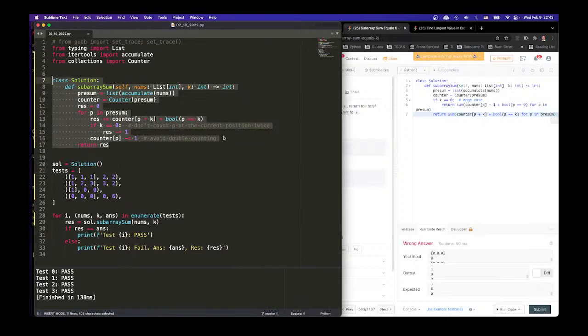Maybe if we do this first, hold on, let me think. Okay, we're trying to do this, right? And I'm in this position, and I'll try to see how much this one has. So I can just do counter of p minus equal 1 first, and then try to see how much I can get by p plus k. Because when I do p plus k, I'm trying to get to some value, right? And yeah, maybe I can do this.